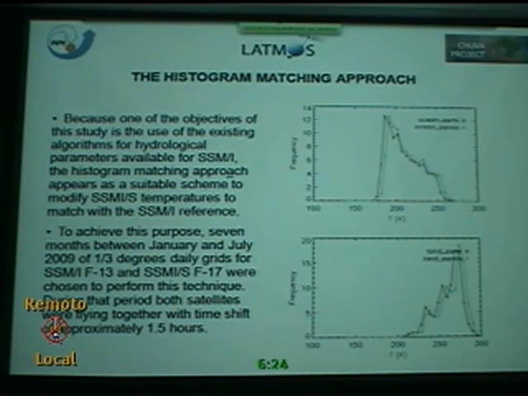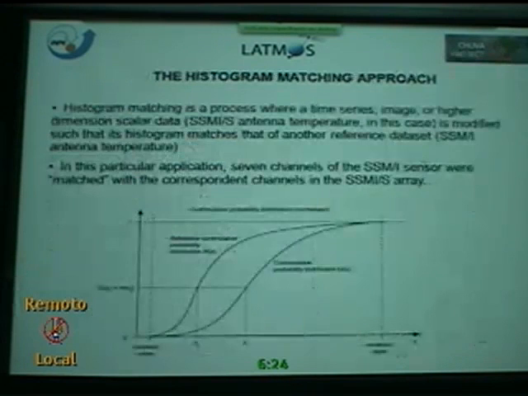For high frequency, we have 85 for SSMI and 91 for SSMIS. Because the frequency is higher, we expect more scattering in the case of rainfall retrieval over land. So we need to take these things into account. The basic idea is to match those histograms using this histogram matching approach.